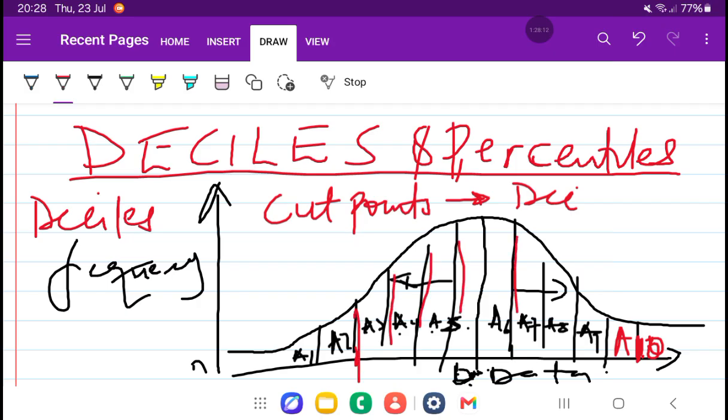We will have the first decile, second decile, until we reach the 10th decile. And all these regions are equal. A1 is equal to A2, and it's also equal to A10. All of them are equal.